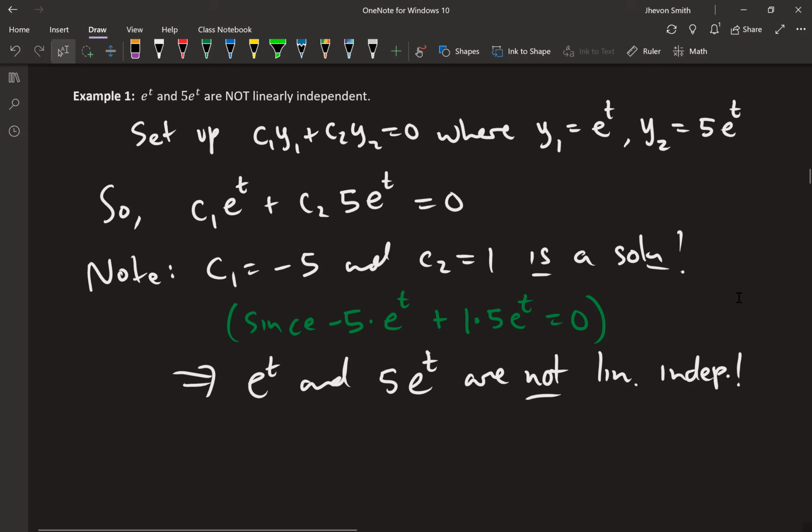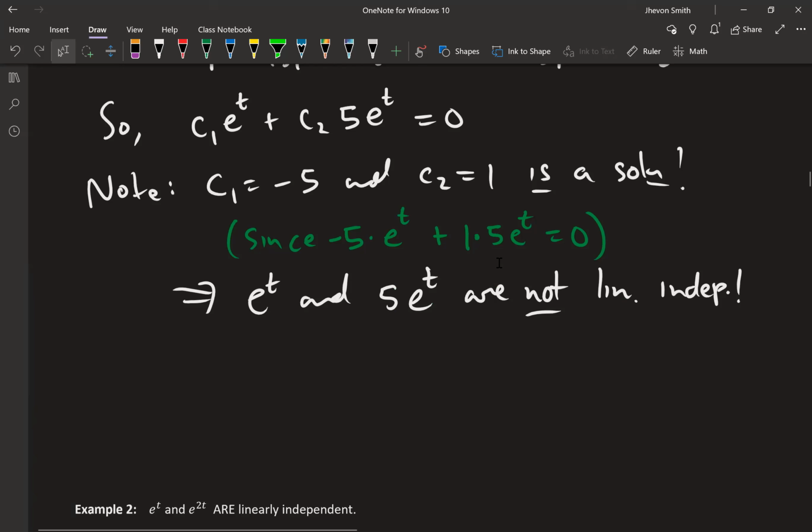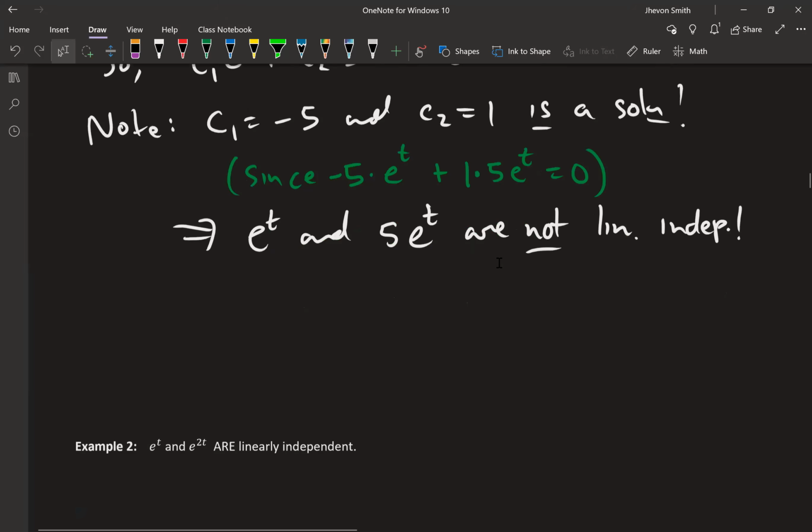There's no need to tell me both of these are solutions. It's redundant. One is a constant times the other, right? Now, obviously, we can eyeball this and see that 5e to the t is just 5 times e to the t. But it's not always going to be obvious when this kind of redundancy is happening, especially when you have more than 2 functions. But I thought I would just illustrate by showing you that these 2 functions are not linearly independent.